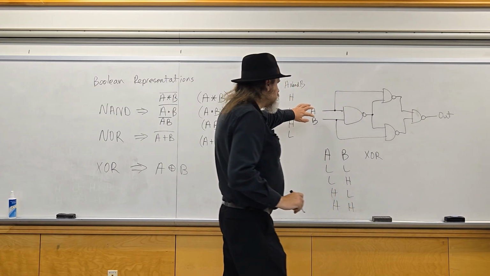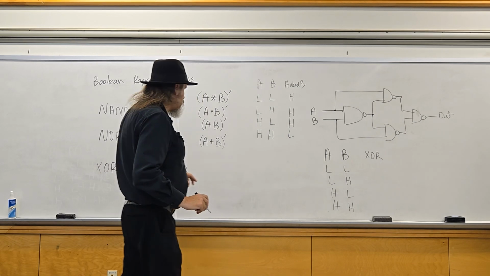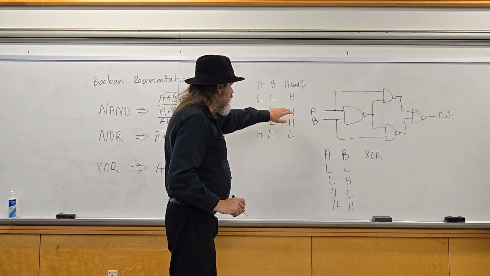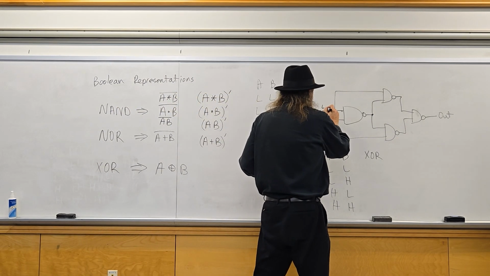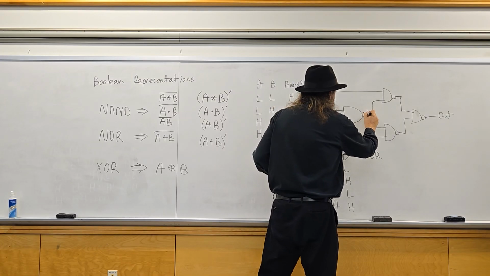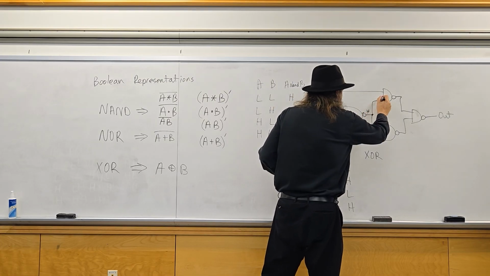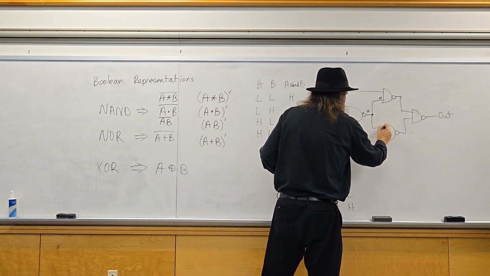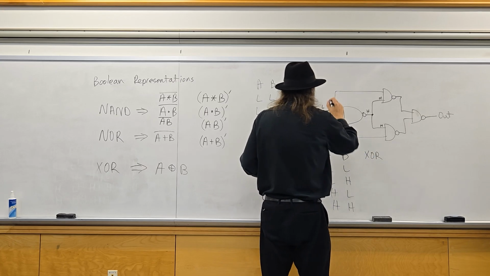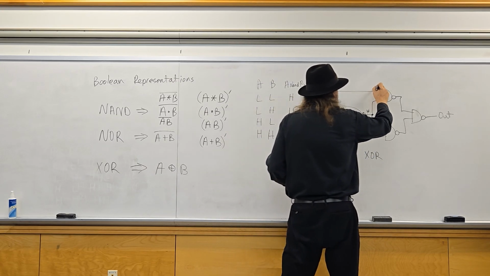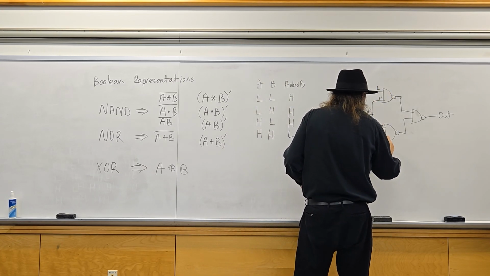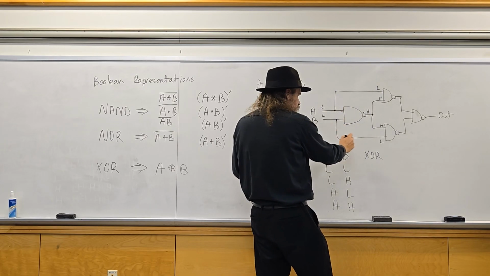Okay, if they're both low, this will be high, this will be high, this will be high, this will be low, and this will be low because it's connected here.